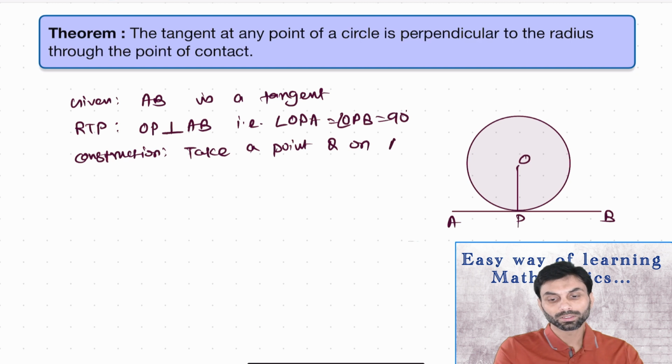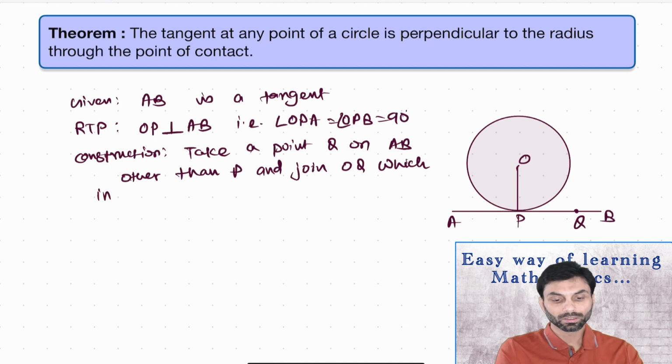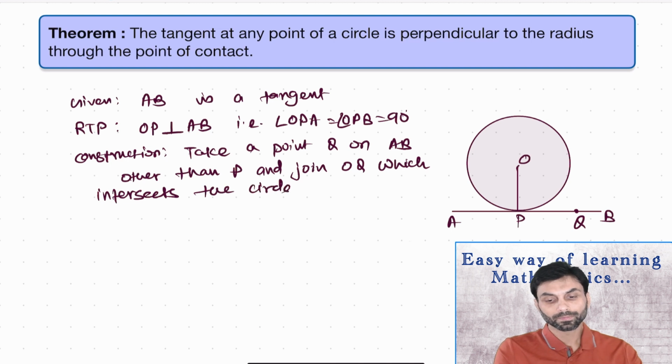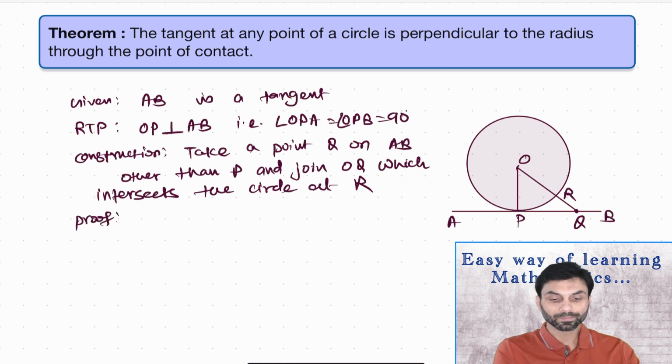Take a point Q on AB other than P, and then join OQ, which intersects the circle at R. In this case, what we observe is that if you take OQ, we can write it as OR plus RQ, which is equal to the radius plus RQ.